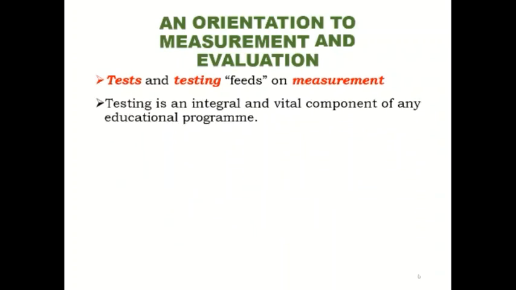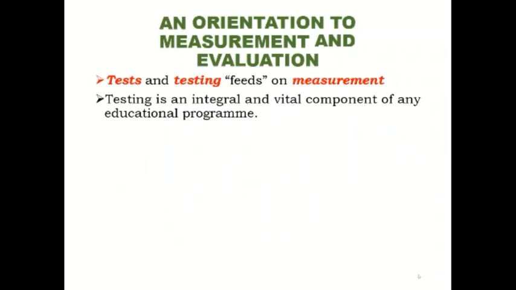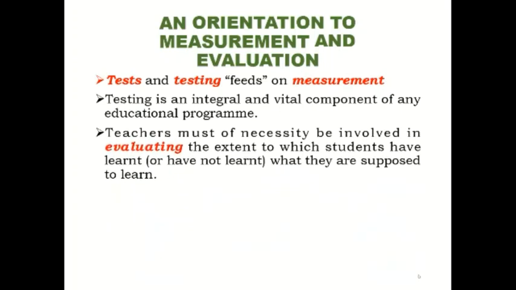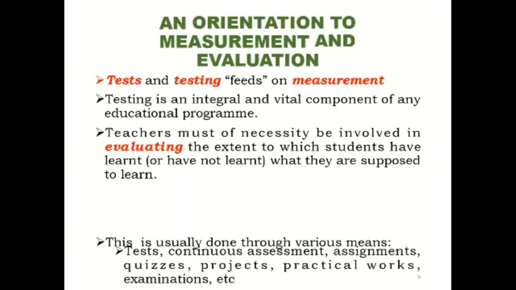And as we've mentioned in our introductory class last week, testing is a vital component of any educational program. In fact, you cannot divorce testing from the entire educational program. And this implies that as teachers, we must be involved in evaluating the extent to which students have learned or have not learned what they are supposed to learn.